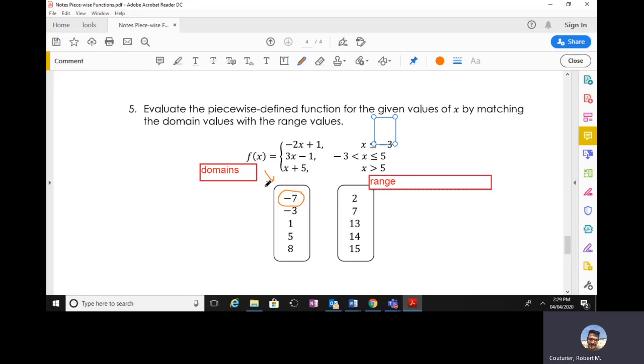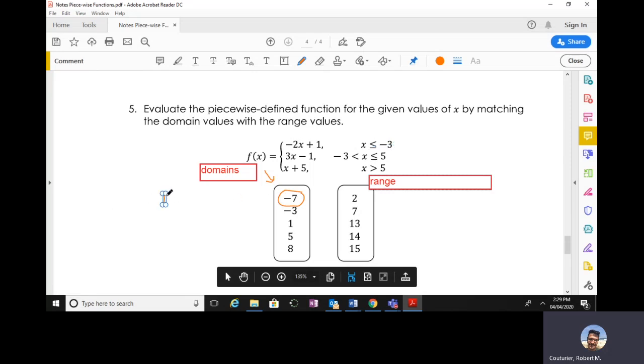Okay, so we have to take this and plug it into the first equation. So -2 times -7 is +14 plus 1. That gives us 15. So this one goes down to this one. Great. -3. Well, -3, is this included?